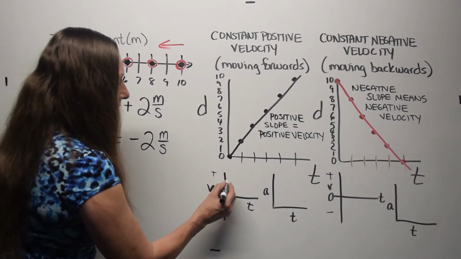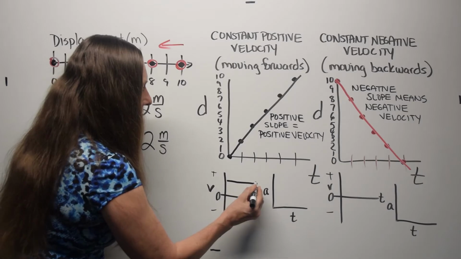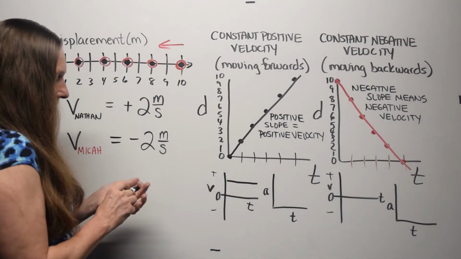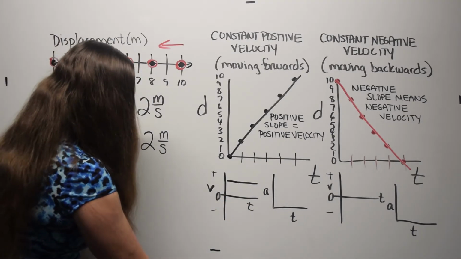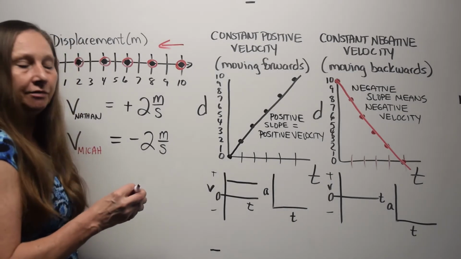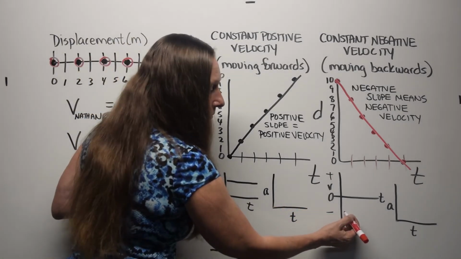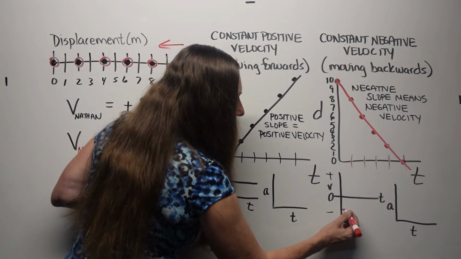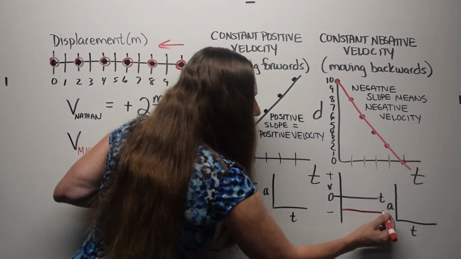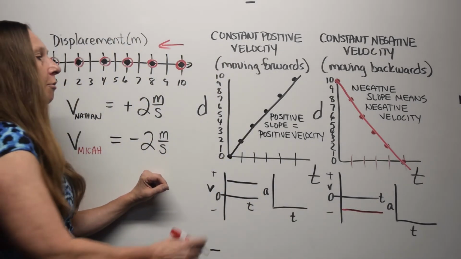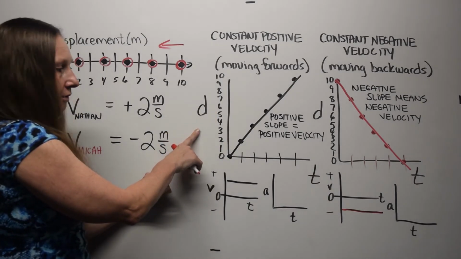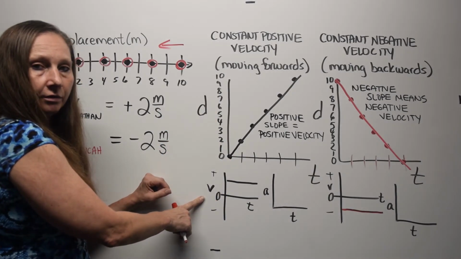Now, what does constant negative velocity look like? Well, it's got to be down here below 0. Remember, this is a displacement graph, and this is a velocity graph.